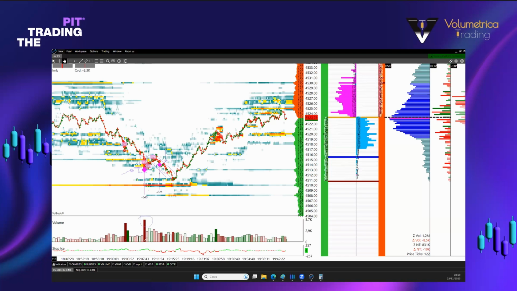Look at volume and delta as well. Creating a retracement. Then no buyers came in. So price is still kind of weak. But at first place, sellers were unable to break through instantly the level.